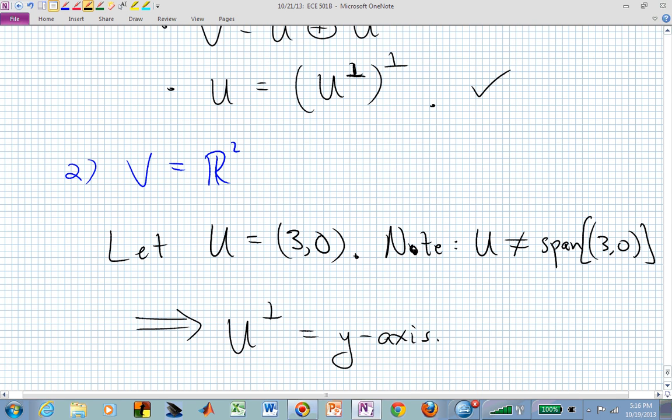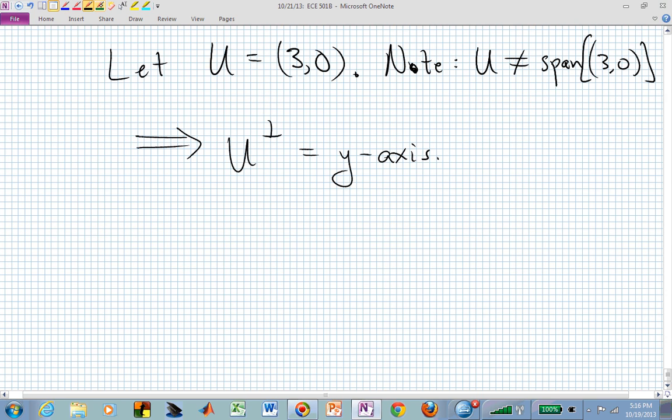But if you now looked at just this single vector 3, 0 with the y-axis, hopefully it's clear that we do not get the space back when we take the direct sum of this vector 3, 0 with the y-axis.